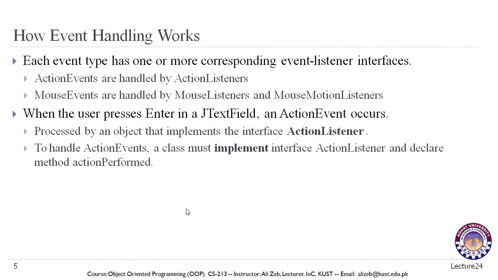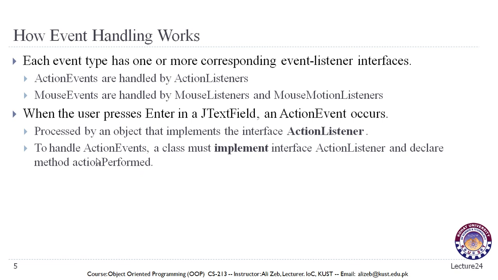To handle action events, a class must implement interface action listener and declare method action performed. And you must remember this from our implementation of the calculator example, that each of the buttons had this action performed method, and that method was coming from the action listener interface, being overridden, and we were adding functionality to the action performed method.